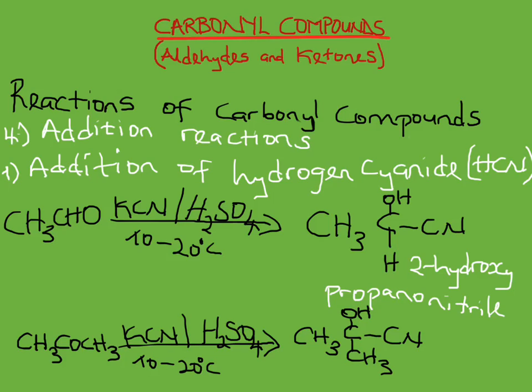We have propan-2-one undergoing the same reaction under the same conditions at 10 to 20 degrees Celsius in the presence of potassium cyanide and sulfuric acid to yield 2-hydroxy-2-methylpropanenitrile.